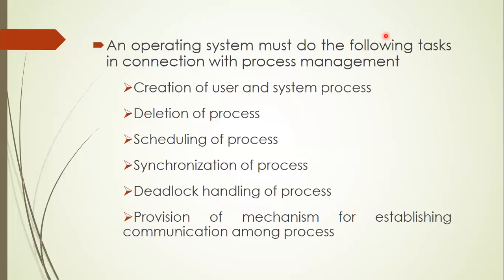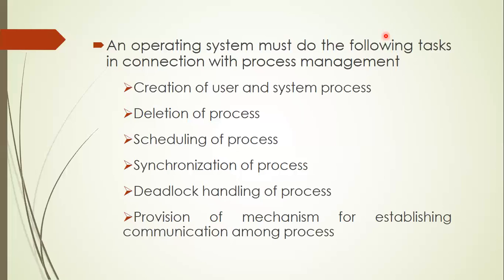And finally, whenever several processes are working among themselves with some coordination, there is a need for sending messages and requests from one process to another process. This is the last responsibility of an operating system with respect to process management. One is creation of user processes and system processes. I will give an example also. A user process could be addition, subtraction, or multiplication of any two numbers in a C program.